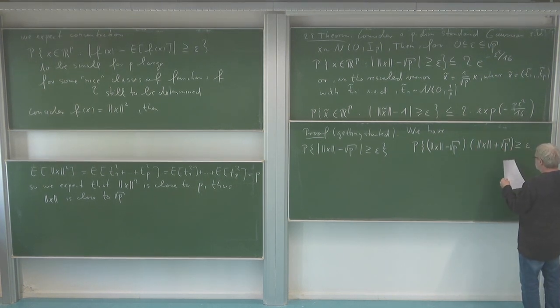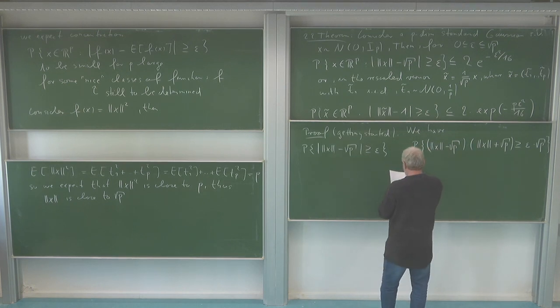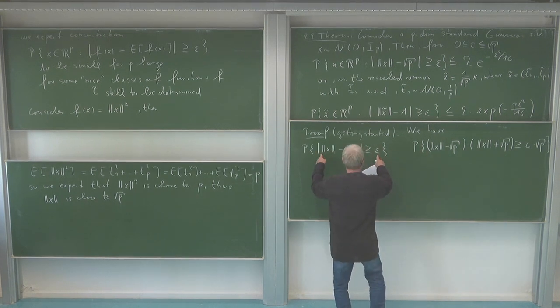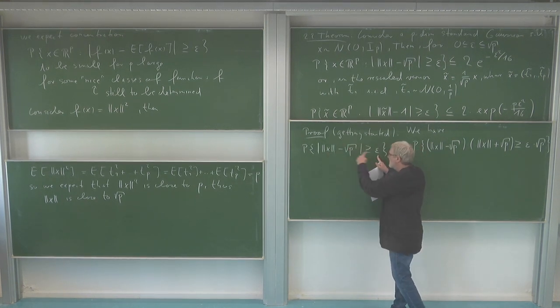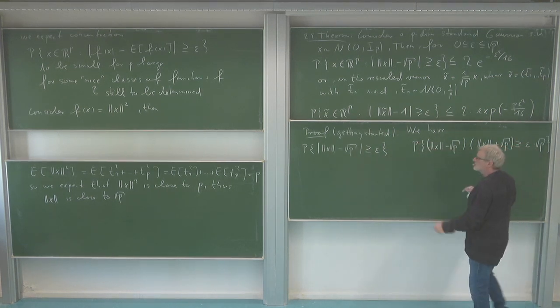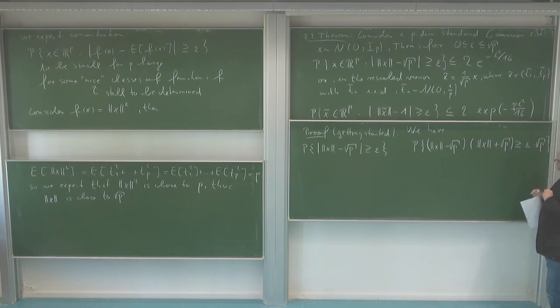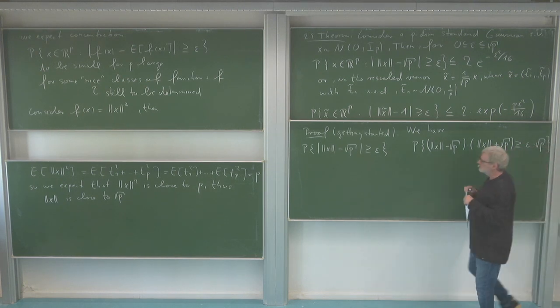So if I write it like this, then whenever this is true, whenever I have this inequality, I also have this inequality, because I just multiply this inequality with this, but then this guy is bigger than this.